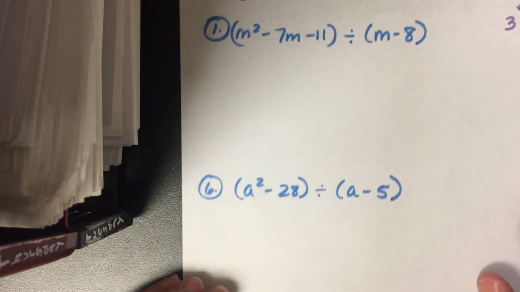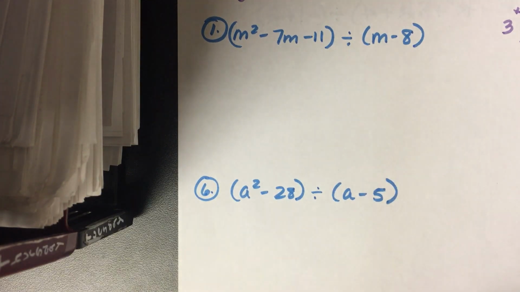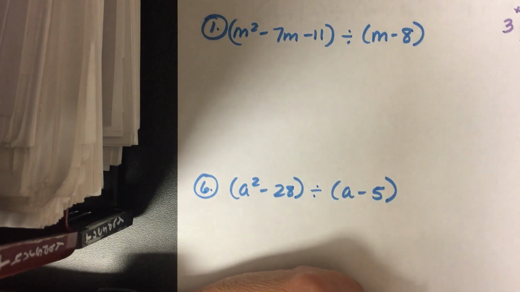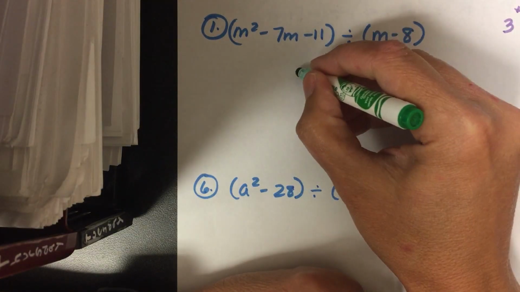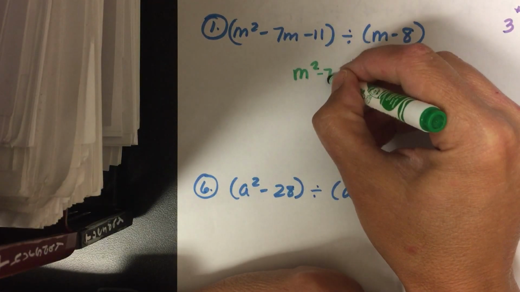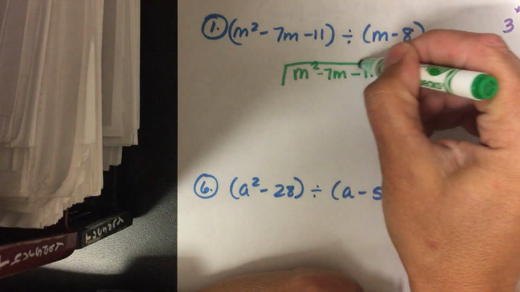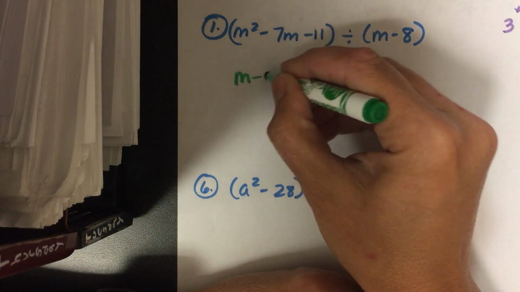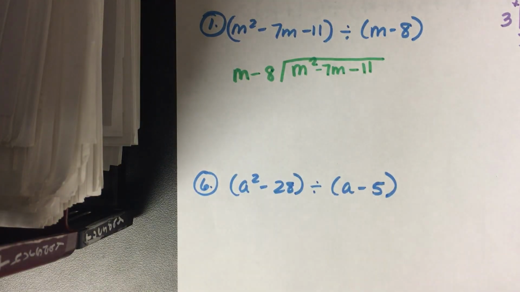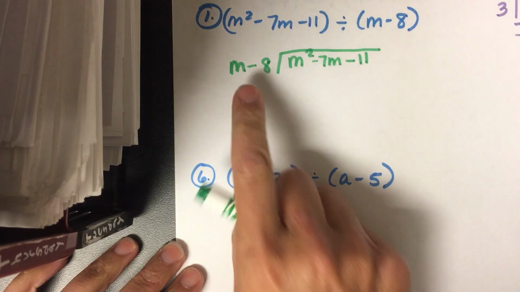So let's look at the first one. We've got m squared minus 7m minus 11 divided by m minus 8. I'm going to write it just like I would any long division problem: m squared minus 7m minus 11, and then m minus 8.